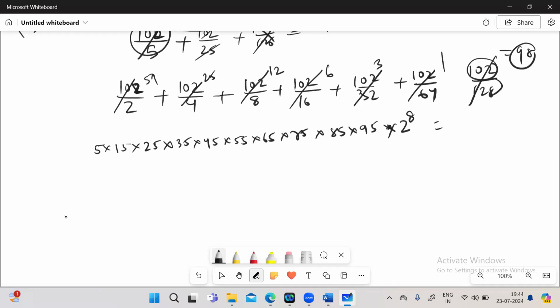How many zeros will be there? So I know I have to count the number of pairs that exist for 2 and 5. 1, 2 and 1, 5 gives you 10.